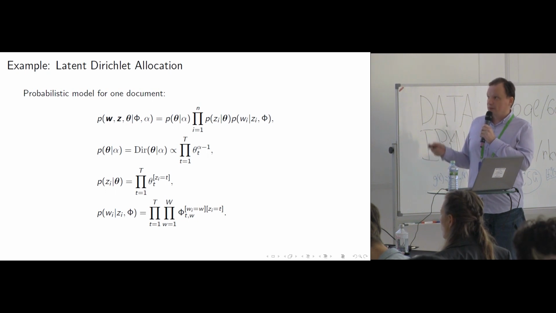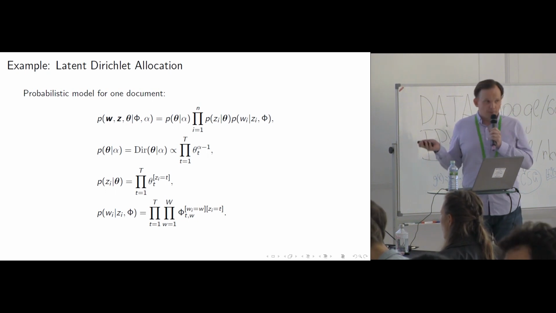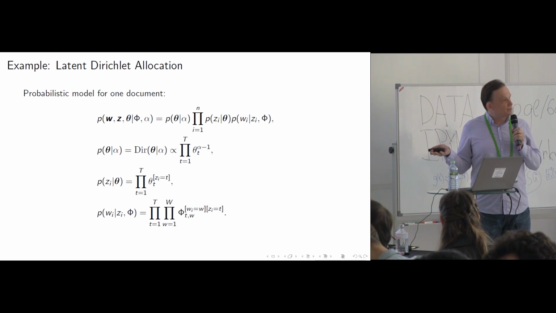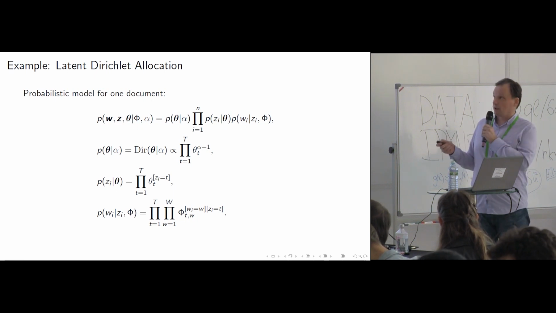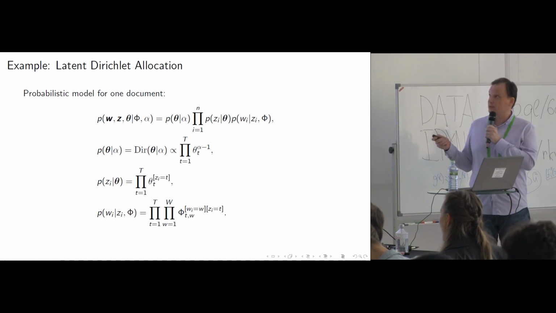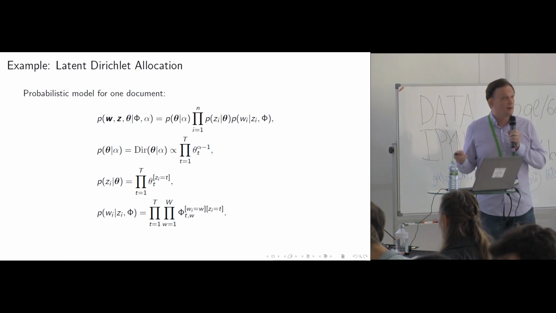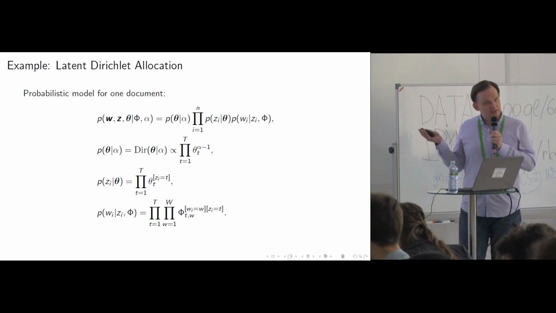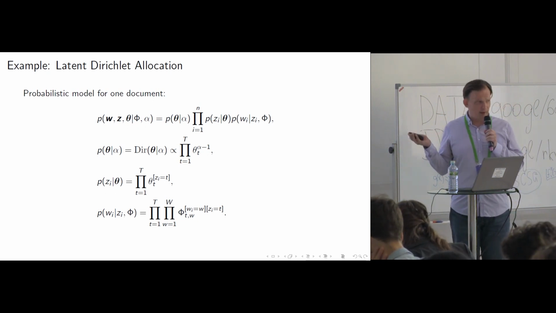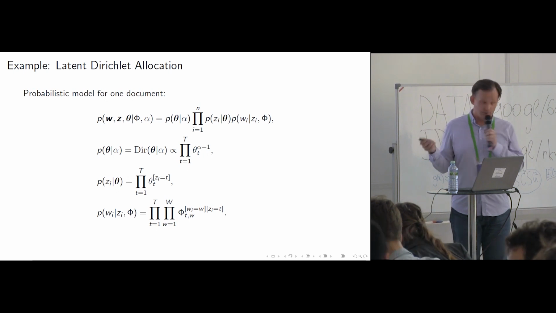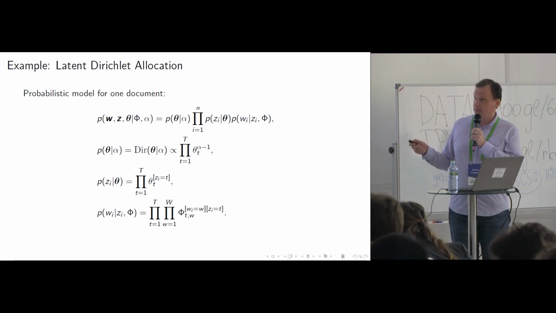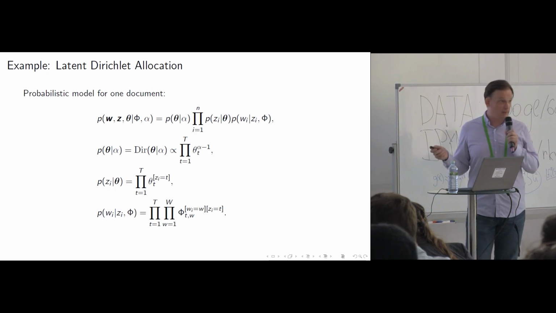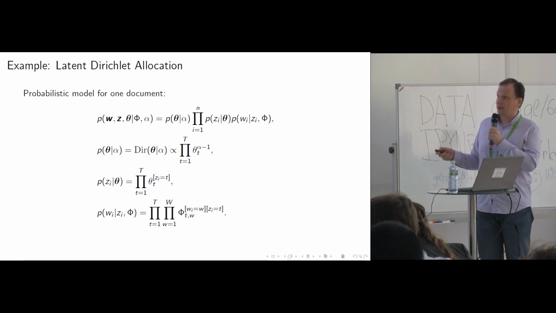Okay, so we have this probabilistic model. It is a probabilistic model with latent variables, because we have observed variables W, two groups of hidden variables, and some parameters of the model. As you might see here, it is impossible to derive the true posterior distribution over Z and theta given all other parameters because of this factor.